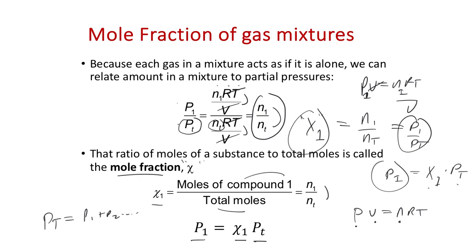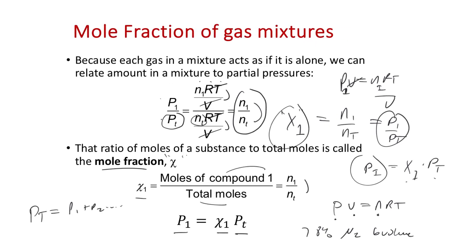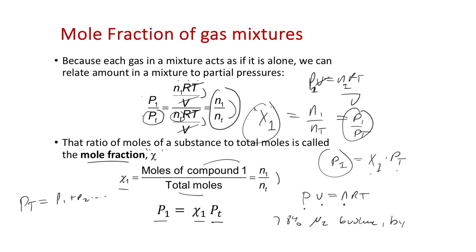So 78% N2 by volume would also be the same as the percent by mole, and the same as the percent by pressure. So 78% of the total pressure is N2, 78% of the total moles of air are N2, 78% of the volume of air is N2, is the idea here.